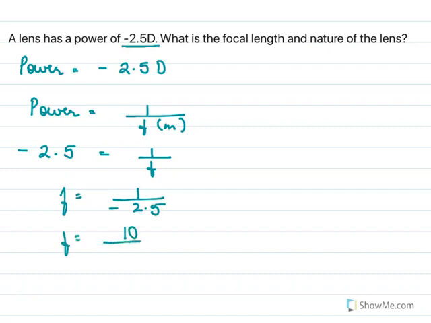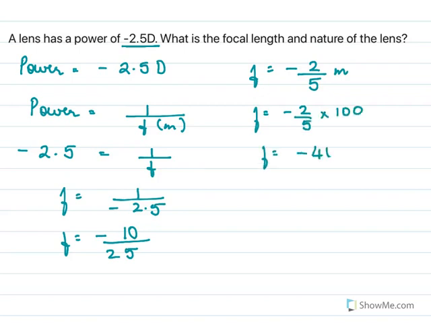So we remove the decimal, negative. So we have f equal to minus 2 over 5. This is in meter. If I want to change into centimeter, into 100. So f will become minus 40 centimeter. Now this is negative.